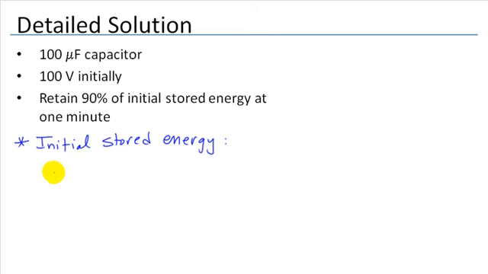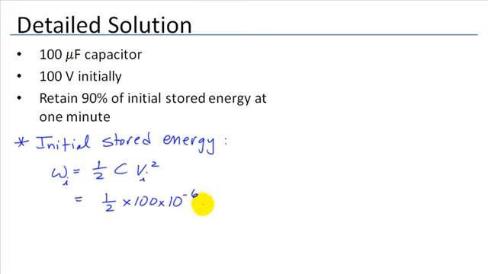Let's begin by calculating the initial stored energy based on the problem statement. Capacitor energy is 1/2 times the capacitance times the square of the capacitor voltage. Initially, we are using the voltage V sub I, which is 100 volts. The capacitance is 100 microfarads.